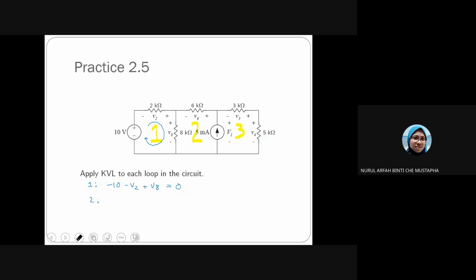What do you do? You place which round? Counterclockwise or clockwise? Which one you like? Okay, if you want it like that, all right. So what is the equation?